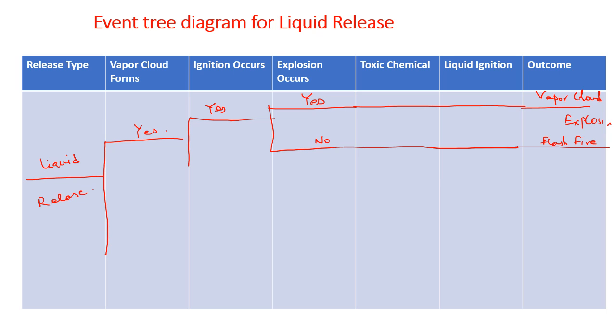Okay, now if the vapor cloud forms but ignition does not occur, explosion also does not occur, and it is a toxic material, then it is a toxic exposure, right?